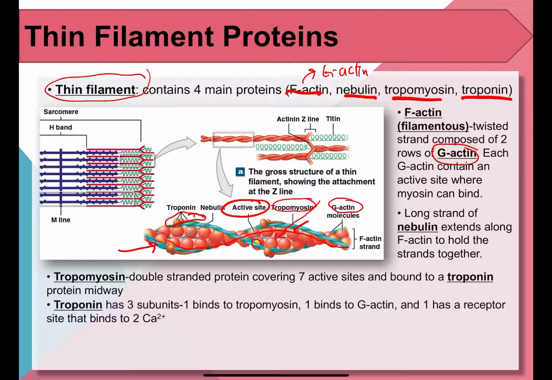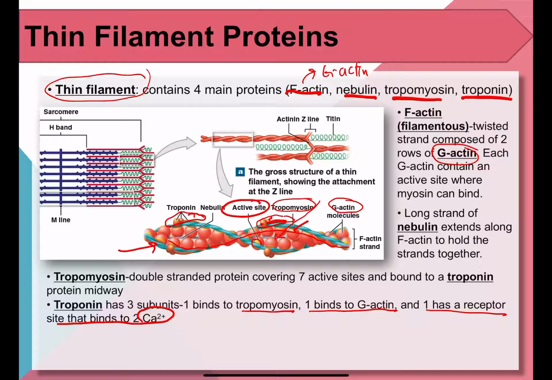Now, the troponin itself, as you can see, is made up of 3 subunits. There's 2 circles and 1 long cylindrical part, okay? So those 3 subunits, you have one that binds to tropomyosin, which is the green twisted strings going around the actin, and then you have another circle that binds to G-actin itself to make sure it goes over the F-actin, and one that has a receptor site that binds specifically to calcium ions.